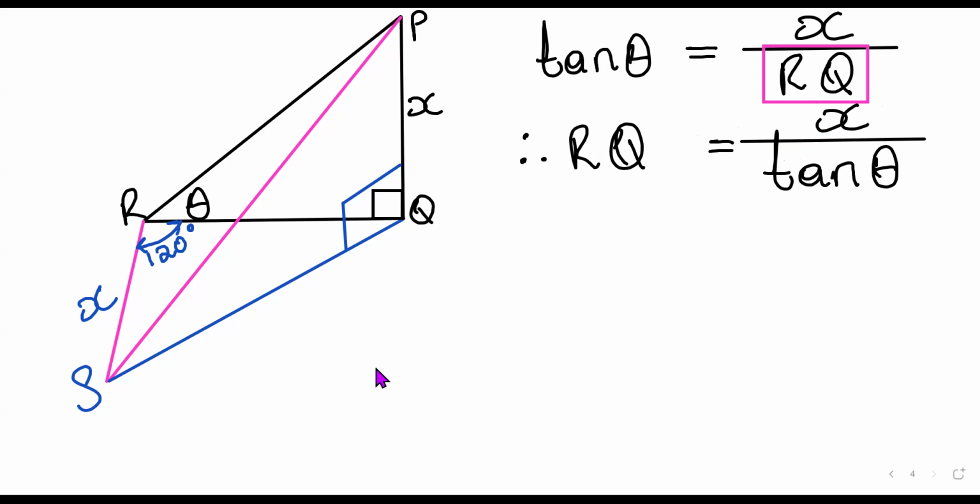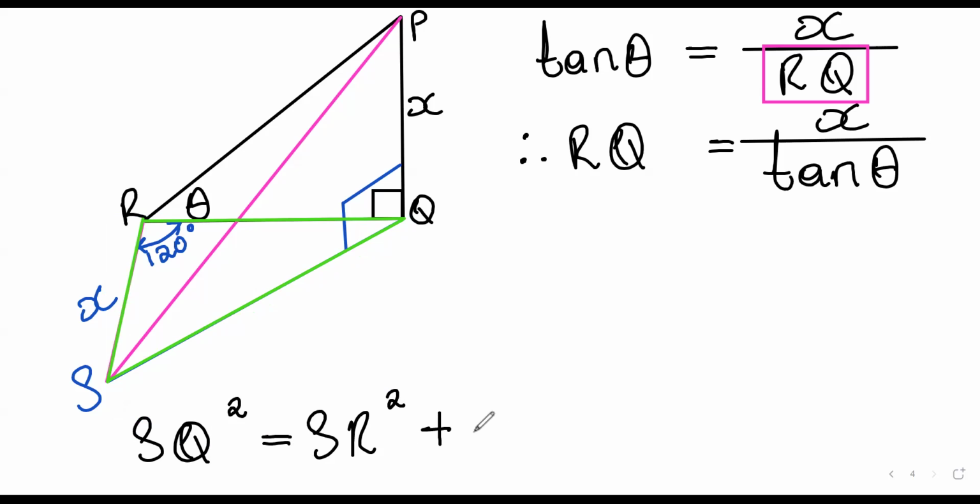So then let's go for the cosine rule. We now know RQ. We also know RS. Then it's really easy to find SQ. So I'm going to begin by writing out the cosine rule formula first. You don't have to. But according to the cosine rule, the square of SQ is given by the square of SR, which is added to the square of RQ.